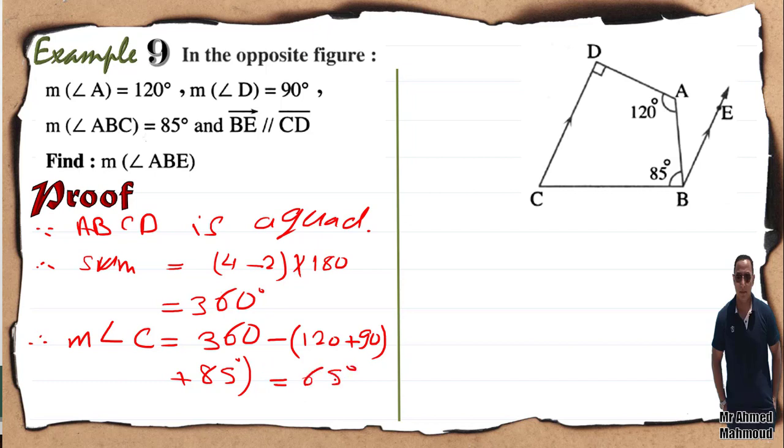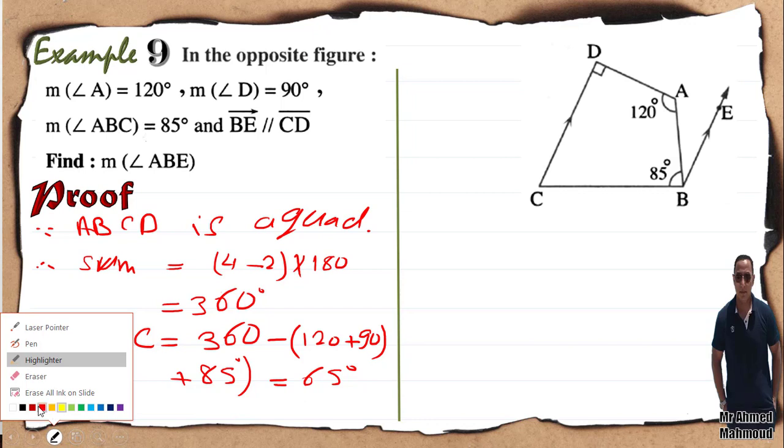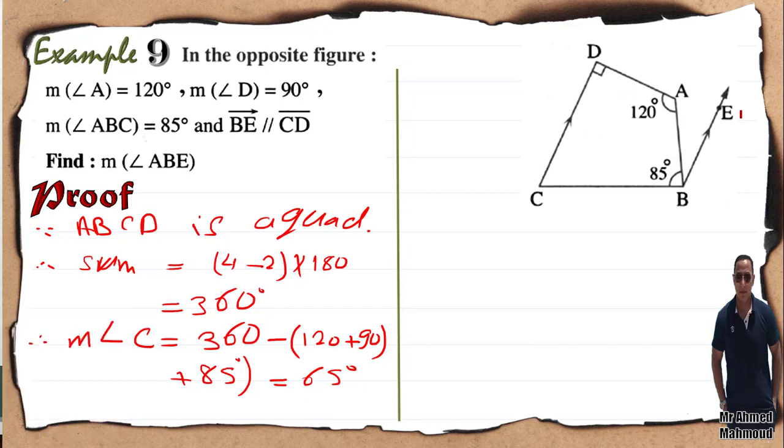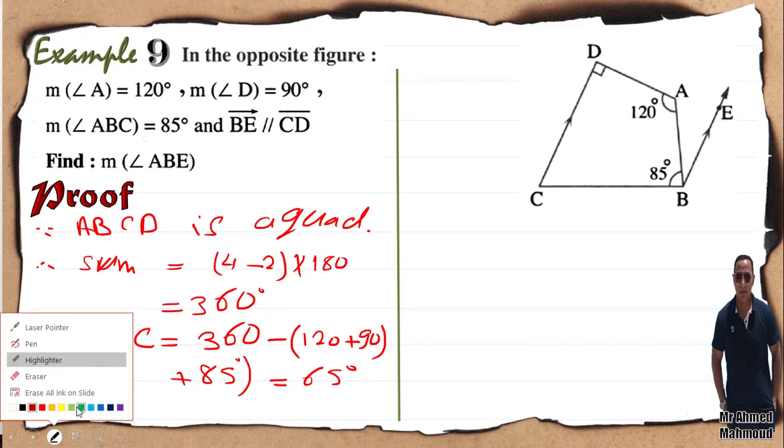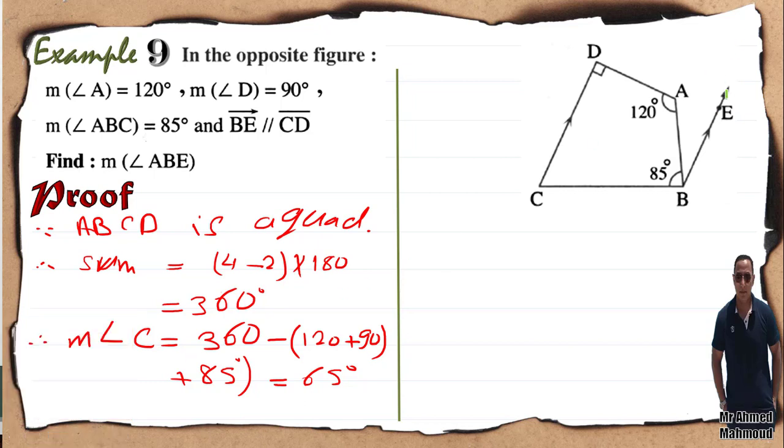Okay, now, because I have parallel lines here, CD and BE, by highlighting these lines like this, I now have a U shape.